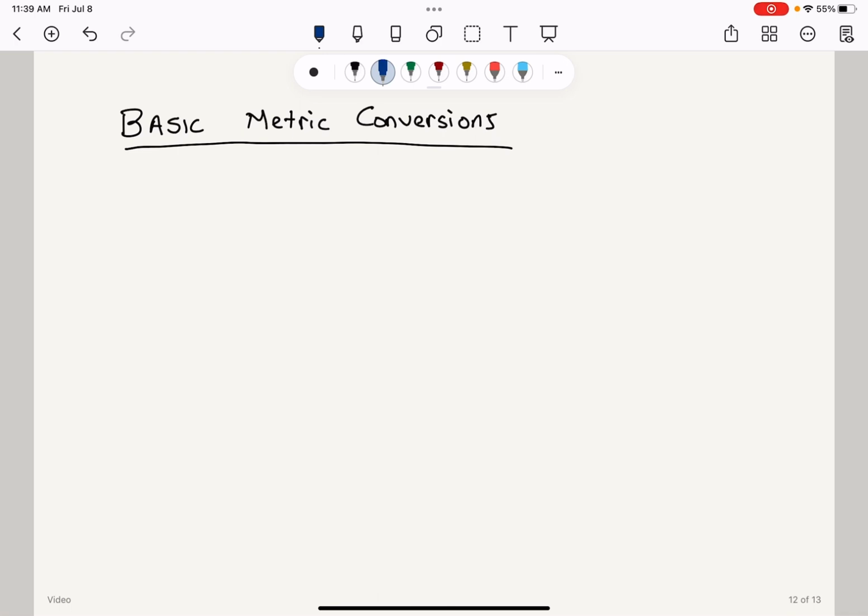You've probably heard King Henry died upstairs drinking chocolate milk. Now I'm writing it backwards because I want my big units on this side. So this is big units, and these are small units, okay? So K stands for kilo.